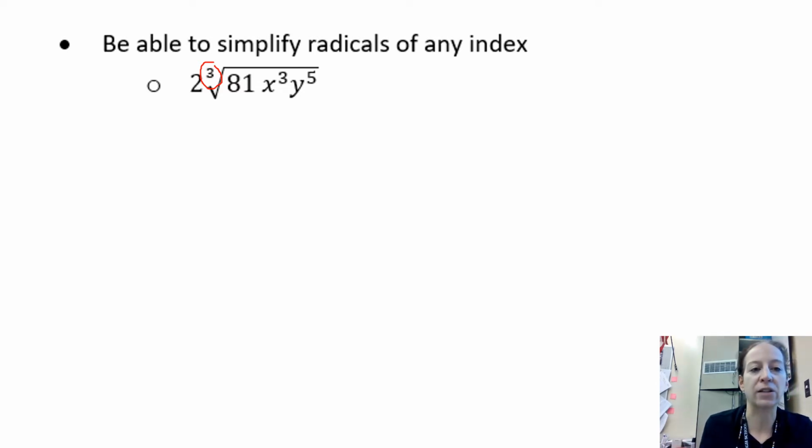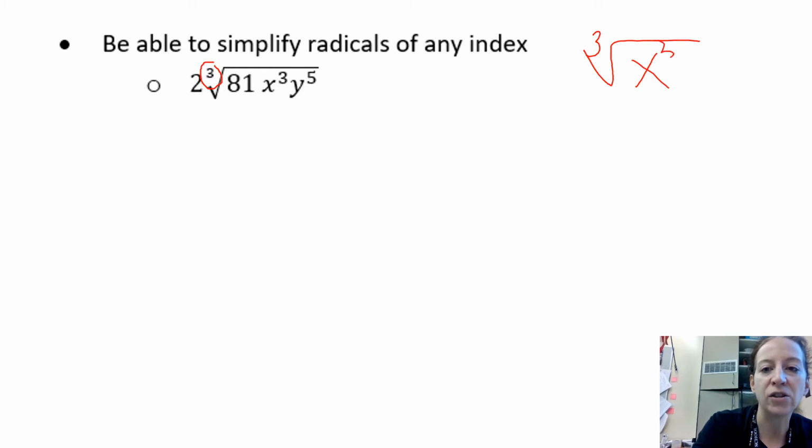But if it were an index of 4 or 5, you'd be looking for groups of 4 or 5. If it's just a regular radical, we assume it is groups of 2, a square root. And the reason is that cube rooting undoes cubing. So if you cube something and then cube root it, it brings you back to wherever you started, like in that case, x.